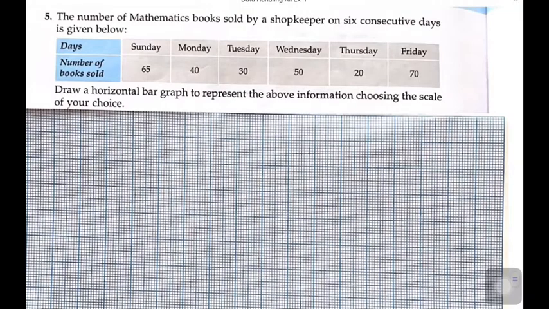Fine. The number of mathematics books sold by a shopkeeper in 6 consecutive days are as follows. So draw a horizontal bar graph for this. For this we have to make a horizontal bar graph.